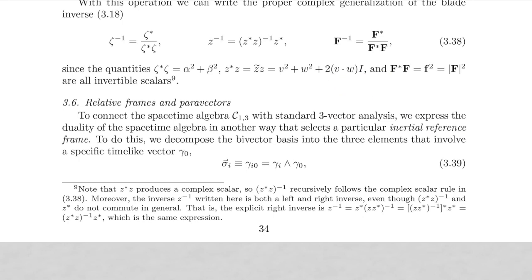Okay, so to continue. To do this, we decompose the bivector basis into the three elements that involve a specific timelike vector gamma 0. So here's what they want to do. They want to say, okay, we know our bivector basis looks like this.